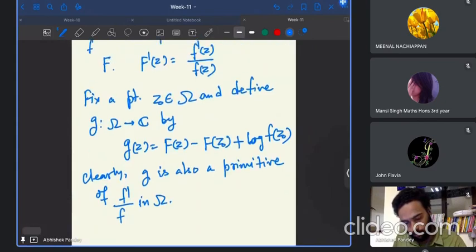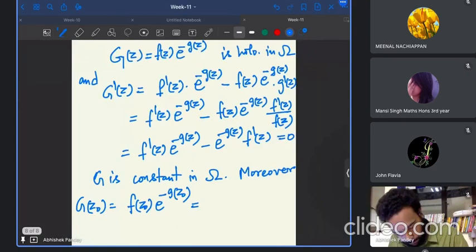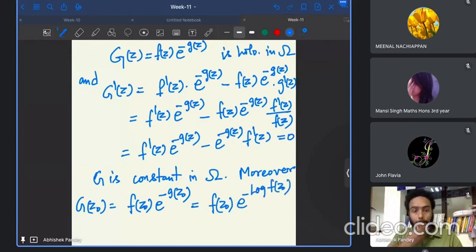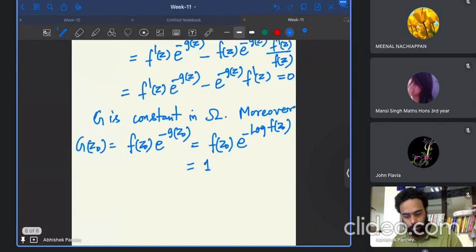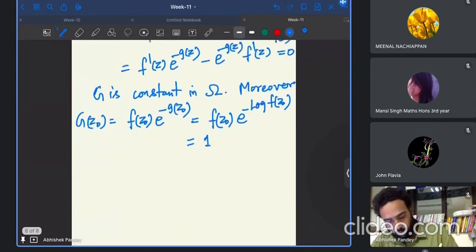What is g of z naught? It is log of f of z naught, so it is f of z naught into e to the power minus log of f of z naught. Clear? So this is going to be 1, isn't it? So G of z naught is 1, and since G is constant throughout omega, G is basically 1 on omega.